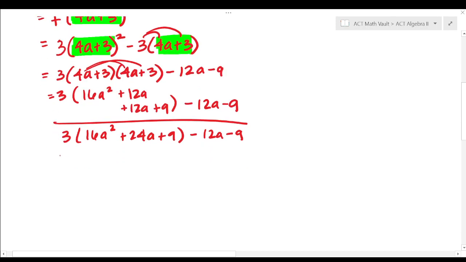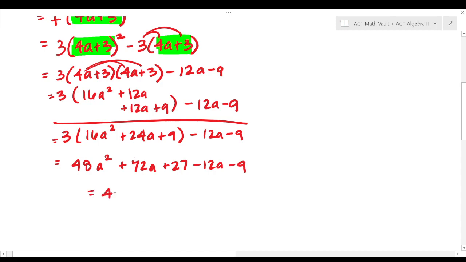We're getting there. So then you think, what's 3 times 16? It's 48a squared plus, and then 24 times 3, think of what is 3 days. 3 days is 72 hours. 72a plus 27 minus 12a minus 9.